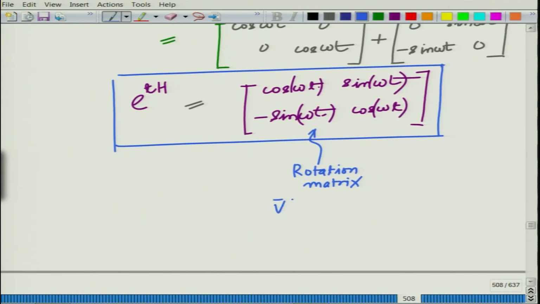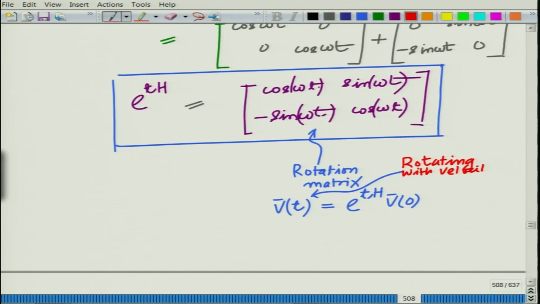So, what you will have is V bar t equals e to the power of t h, remember, times V bar 0, and this is a rotation matrix, which implies this is basically rotating with angular velocity omega.